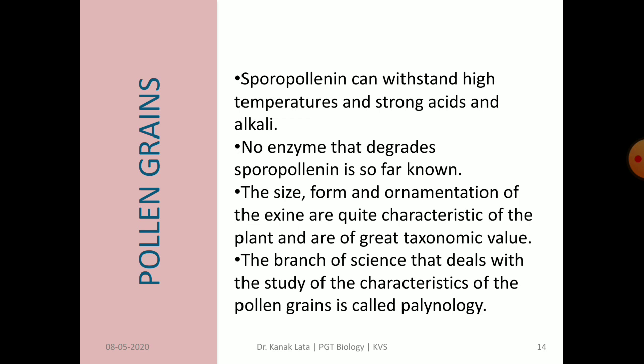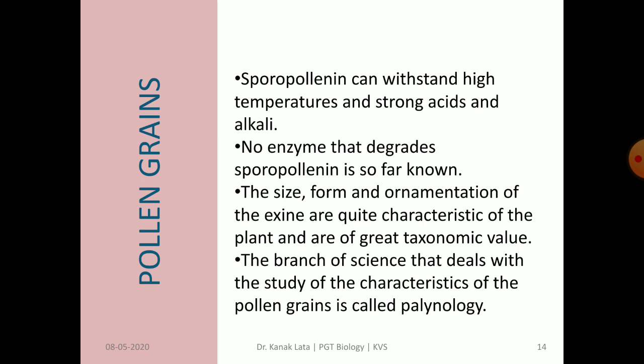As we have studied about the presence of sporopollenin on exine, there are many characteristic features of sporopollenin. It can withstand very high temperature and strong acid as well as strong alkali. Till now, no enzyme is known that degrades sporopollenin.